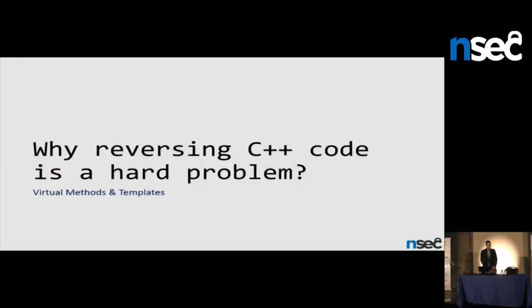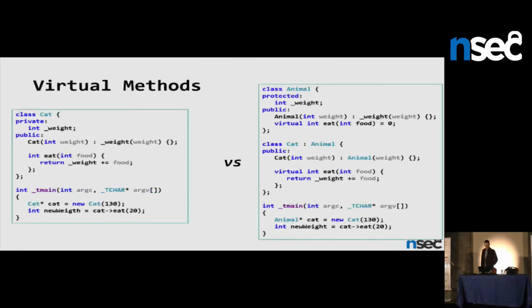So let's move on and speak about why reversing C++ code is a hard problem. Why is it different compared to the other C languages? Please take a look at this slide, and let's compare two snippets of code, one on the left-hand side and one on the right-hand side.